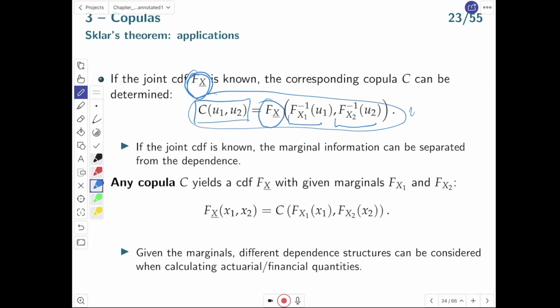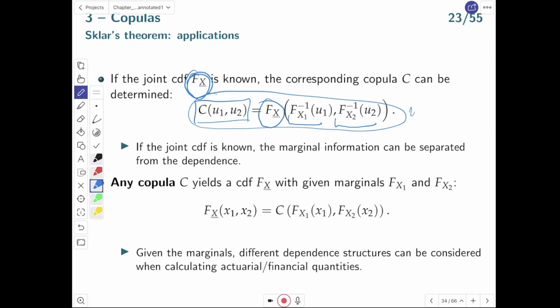So if you have two joint CDFs and you want to compare dependence, you should not compare the joint CDFs directly, but you should compare the copulas, because in the joint CDFs the dependence information can be distorted by the marginal information. By taking out that marginal information, I'm only left with the copula, which purely contains the dependence information and no marginal information at all. Is that clear for everyone what you do? Okay.